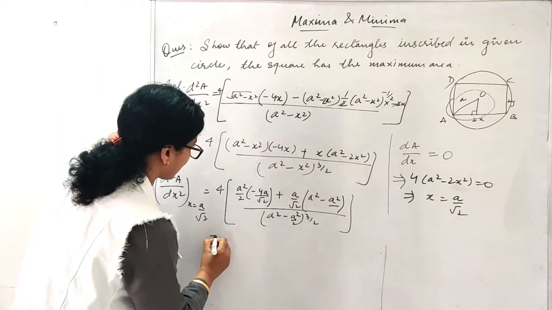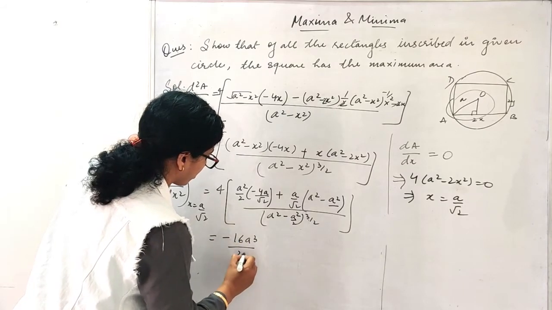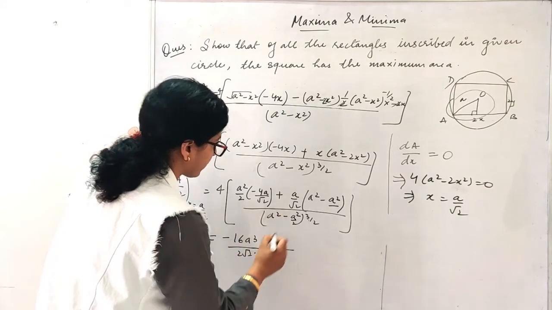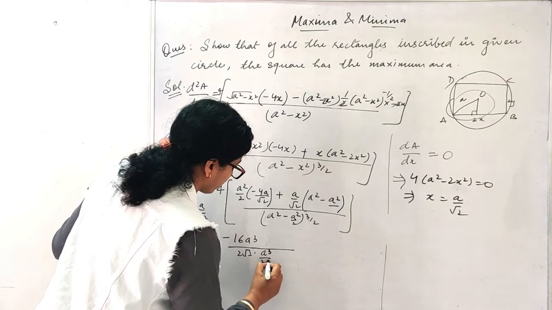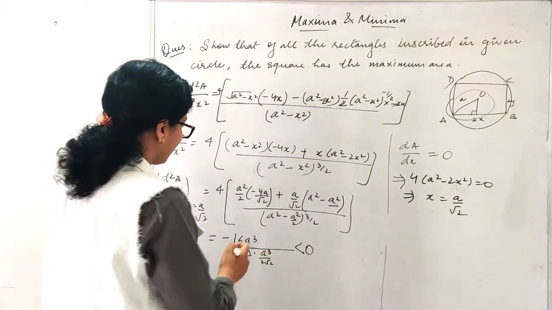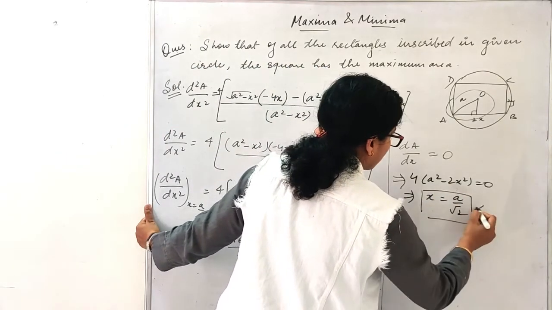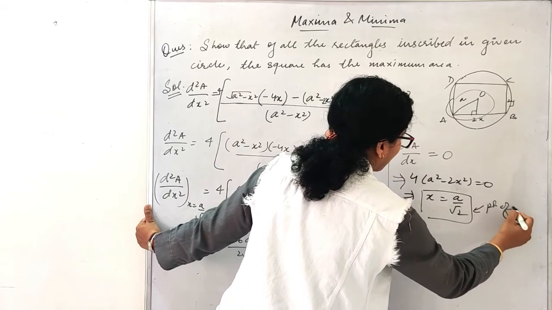So basically I am getting minus 16 a cube upon 2 root 2 into a cube upon 2 root 2, which is less than 0, correct. So hence x is equal to a by root 2 is a point of maxima.